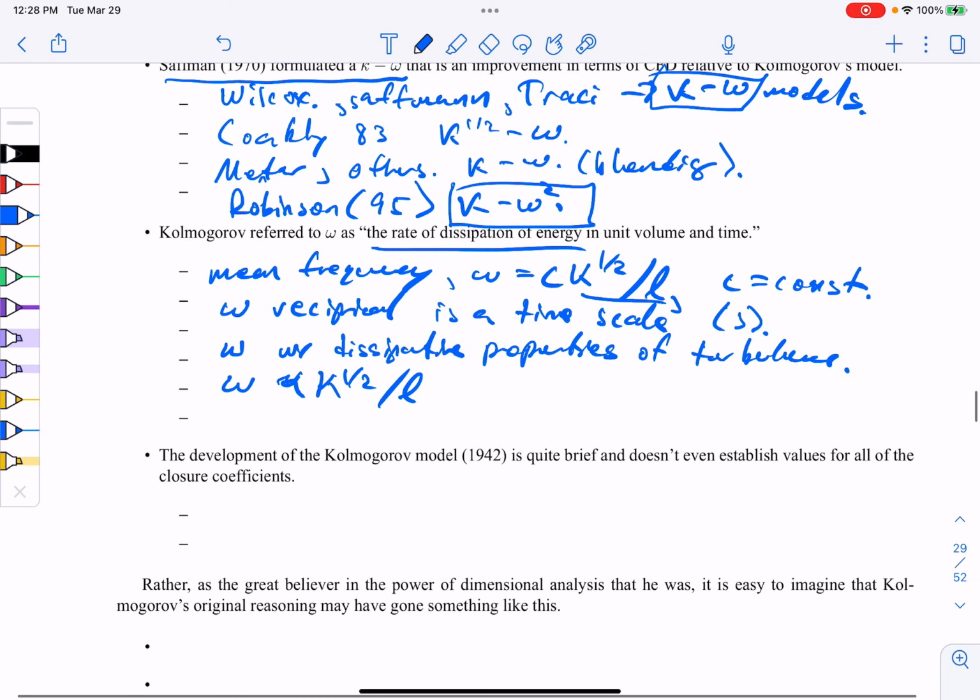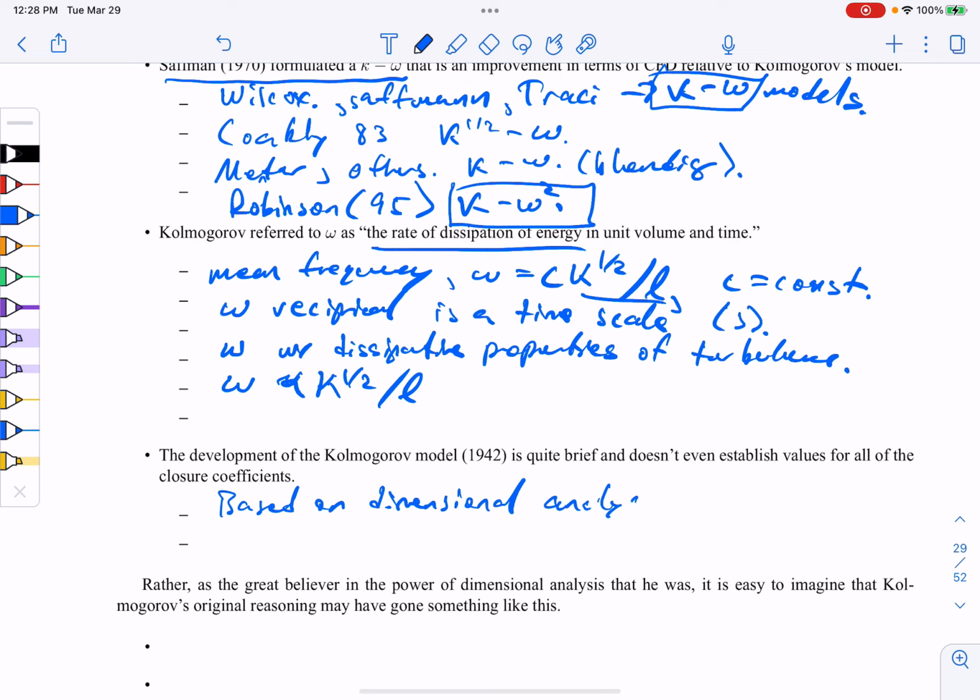You'll notice in Kolmogorov's paper he really didn't go into much of the derivation, just explaining it in words as a philosophical, empirical type model, but it was based on dimensional analysis. That's one criticism people might have of omega type models: they're based on this dimensional analysis and a philosophy of cascades, but he was missing a term like production.